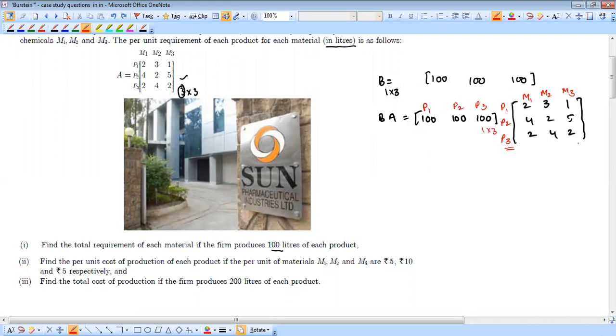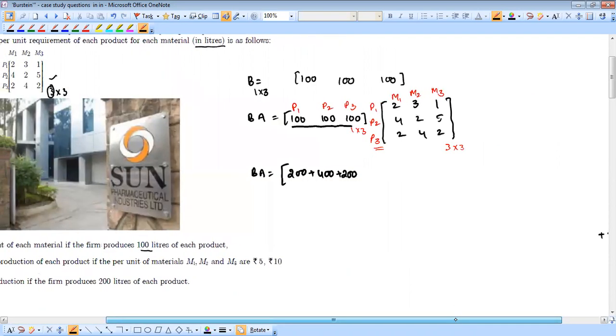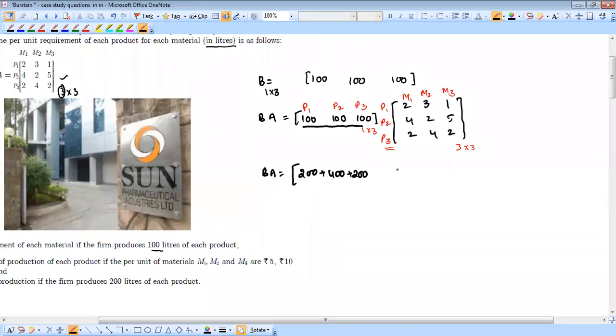So if you multiply row with column, you will get 200, 400, 200, then 300, 200, 400, and next 100, 500, and 200.